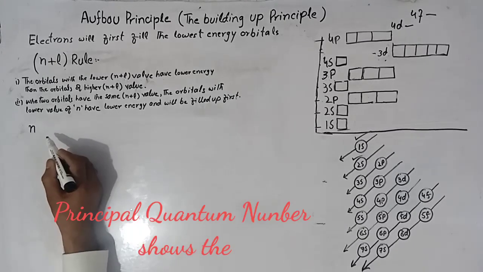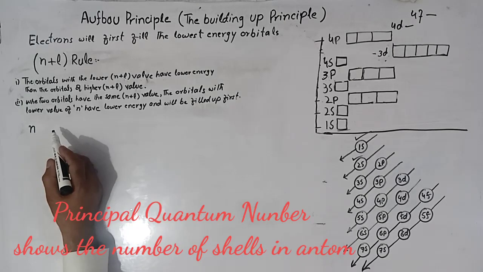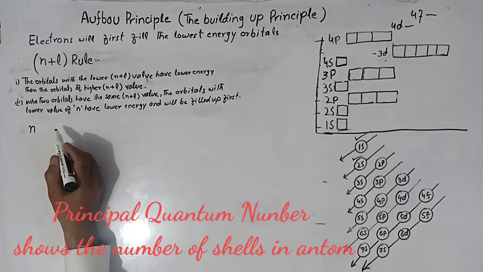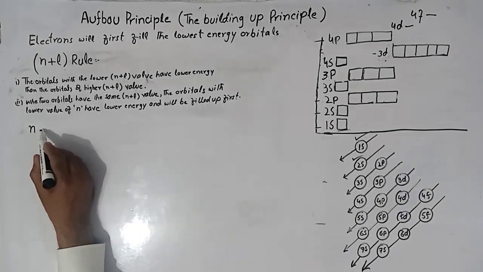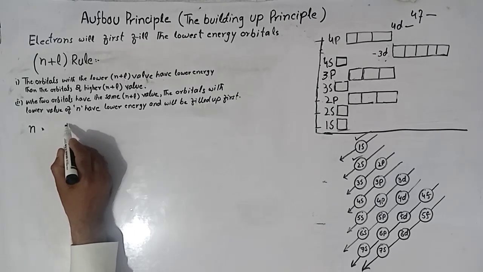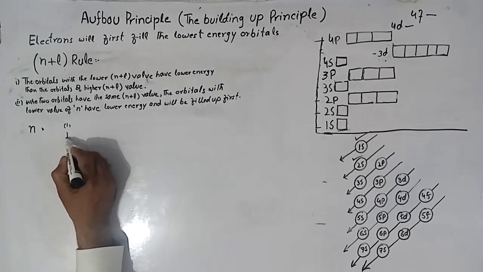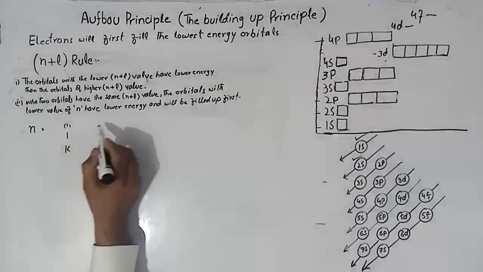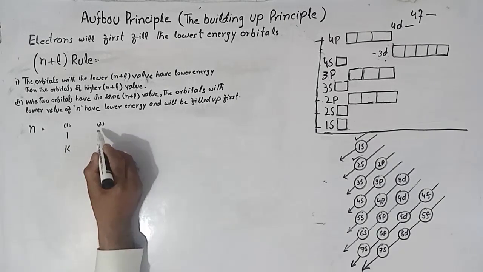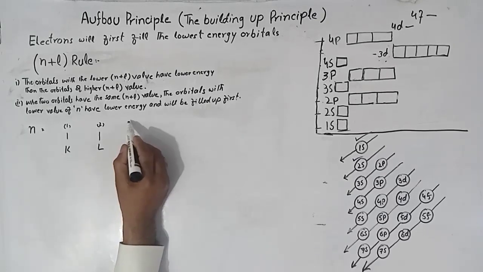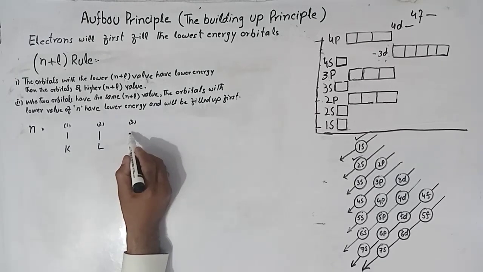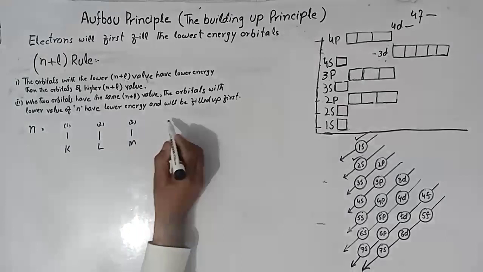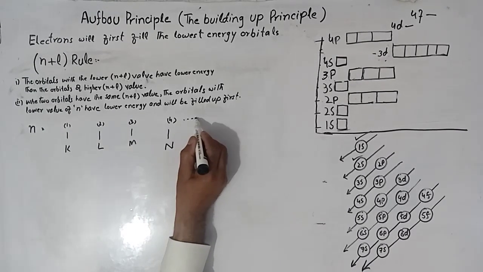The principal quantum number shows the number of shells in an atom. So number 1 is the K shell, number 2 is the L shell, number 3 is the M shell, number 4 is the N shell, and so on.